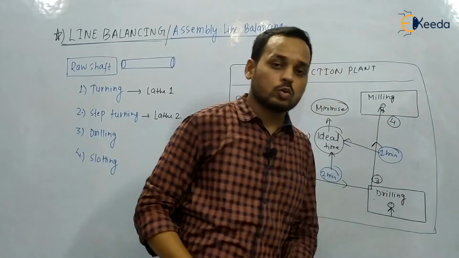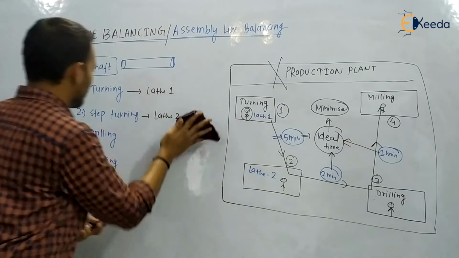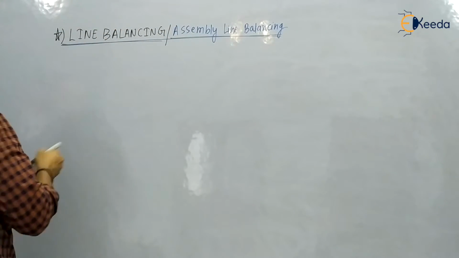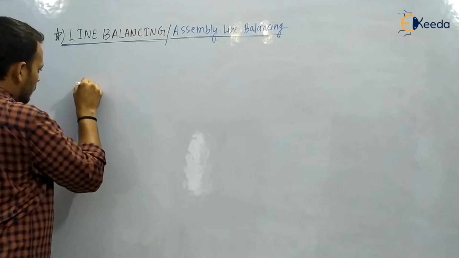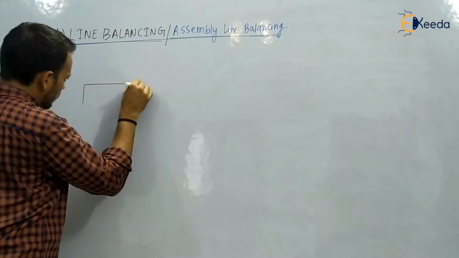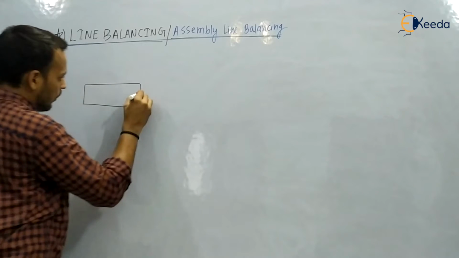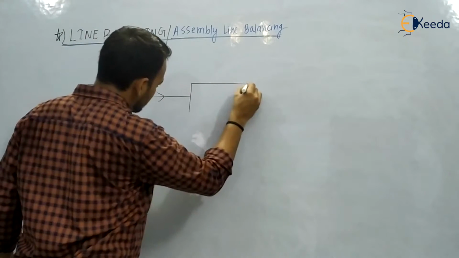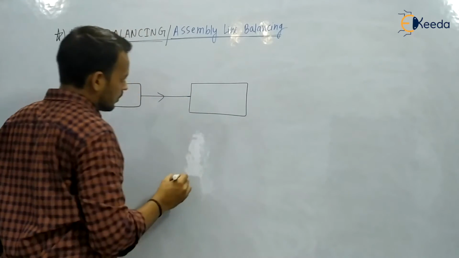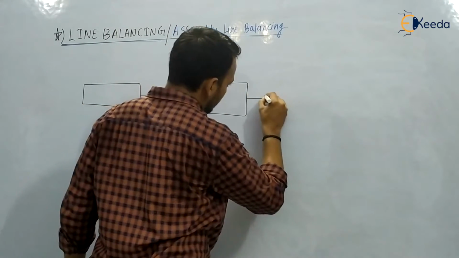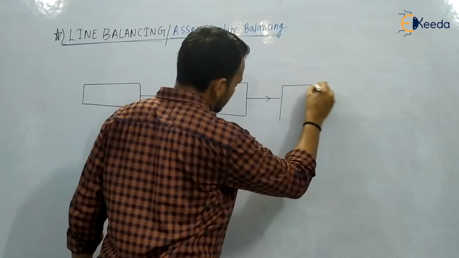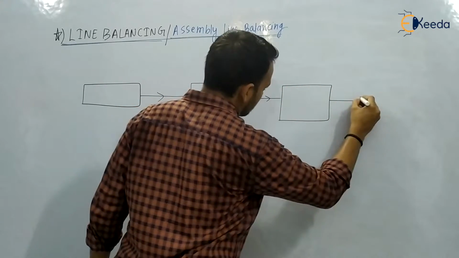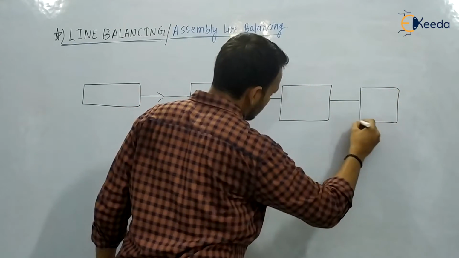So what we are going to do in assembly line balancing is group my work facilities at different workstations. I am making the different workstations like this: this is third, this is fourth.